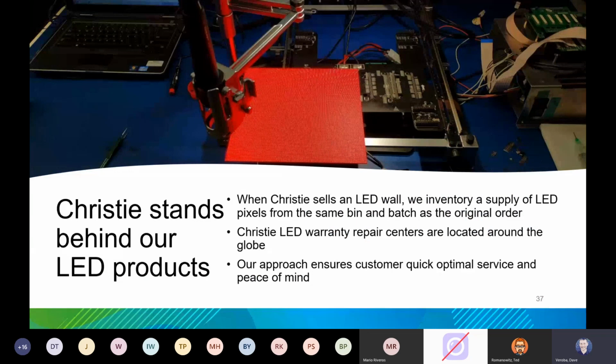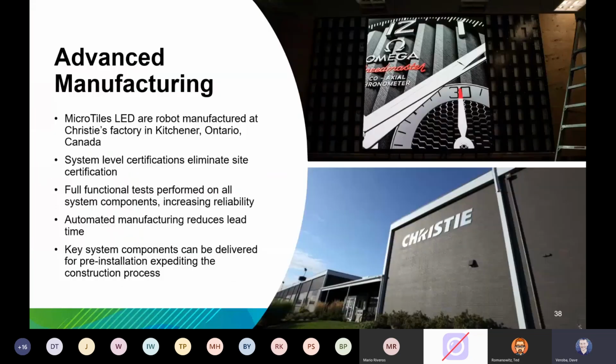Every time we sell an LED wall, we do inventory a supply of the pixels from the same bin and batch for the customer, so that ultimately, if you have to repair a module, then you can repair that module to match, and you can do it at one of our repair centers around the world fairly conveniently and quickly. And so it offers peace of mind for the customer and of course anybody involved in the project.